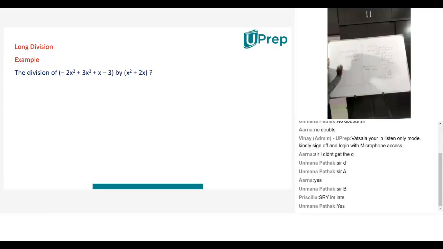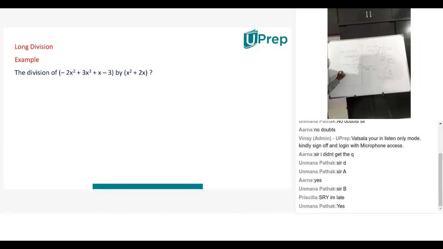You will see that I will get the dividend back. See this. X square into 3x is 3x cube. X square into minus 8 is minus 8x square. 2x into 3x is 6x square. 2x into minus 8 is minus 16x, plus I have 17x minus 3.